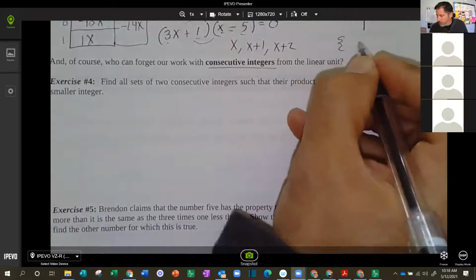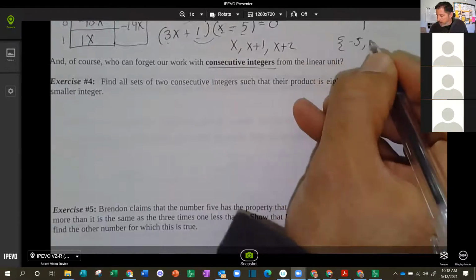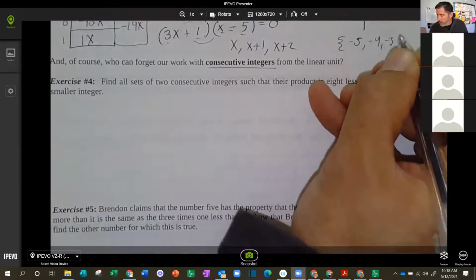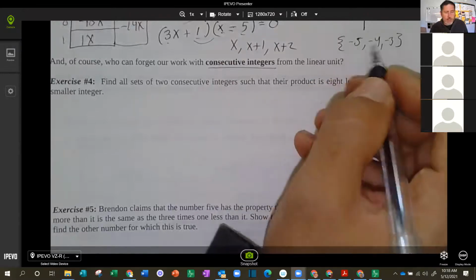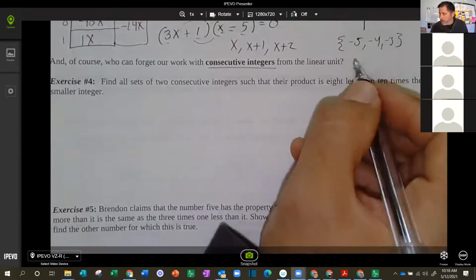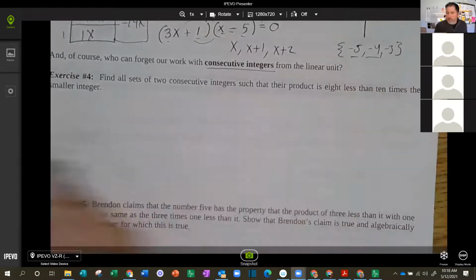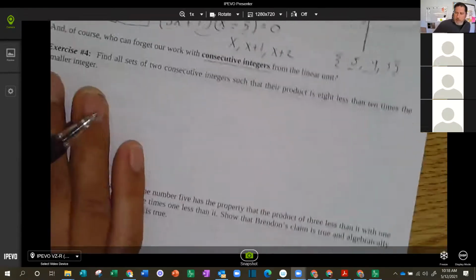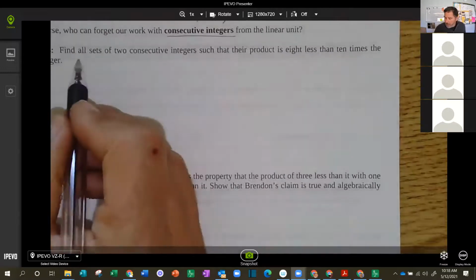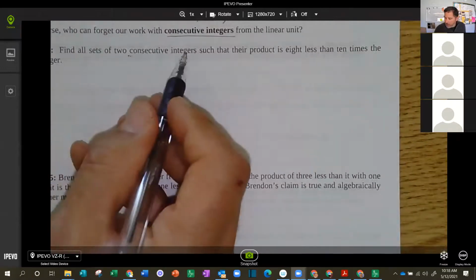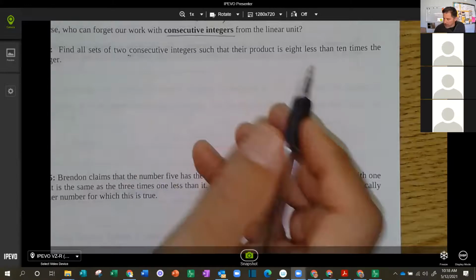Examples of consecutive integers are like this: -5, -4, and -3. They're consecutive because they follow each other on the number line. They're adjacent because they bump into each other. Consecutive is the same idea. They follow each other.